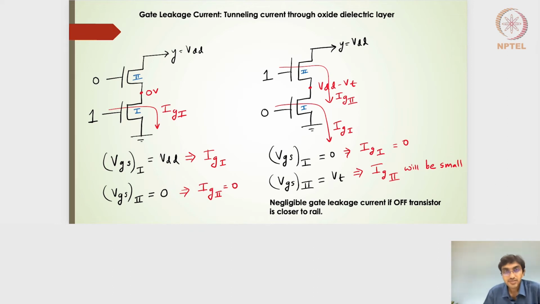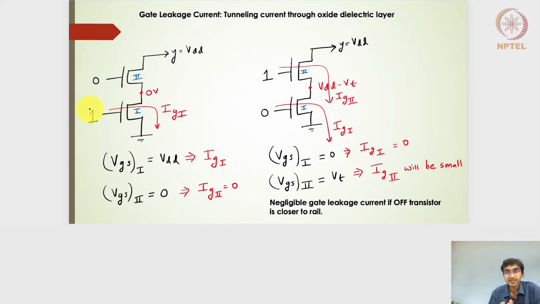Moving ahead, let's take a look at the gate leakage component. The gate leakage component is there especially for an on transistor. Remember that the subthreshold leakage current we evaluate for a transistor where the VGS value is less than or equal to 0.3 volts, the VT value. So generally we take into account a VGS value less than 0.3 volts for the subthreshold leakage current, and subsequently the subthreshold leakage power estimation.